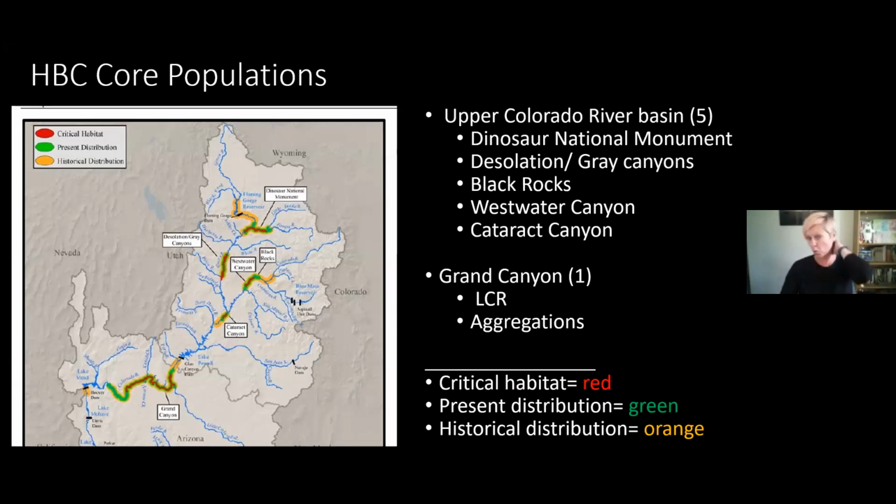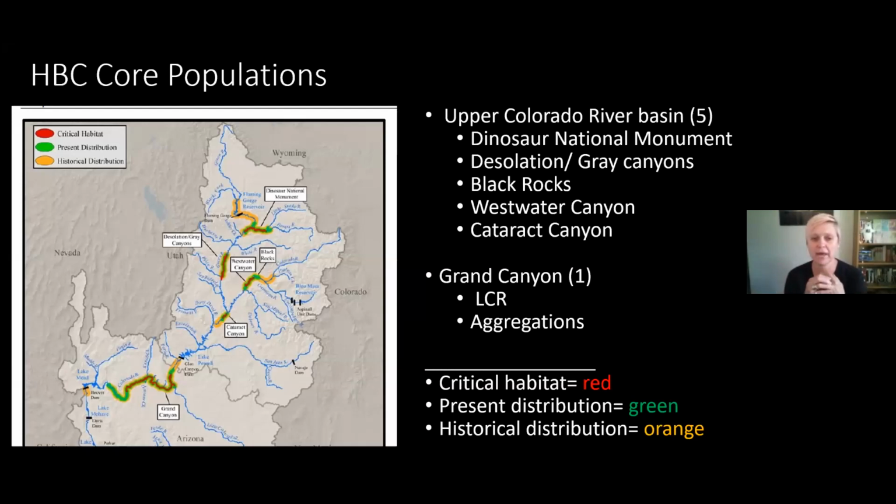There are 6 core populations of humpback chub in the world. 5 of them are in the upper Colorado River Basin above Glen Canyon Dam. And those include Dinosaur National Monument, Desolation and Gray Canyons, Black Rocks, Westwater Canyon, and Cataract Canyon. And then the 6th one is in Grand Canyon, and that consists of primarily the Little Colorado region and the river right outside of that.